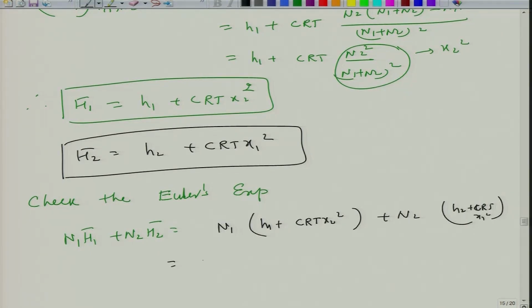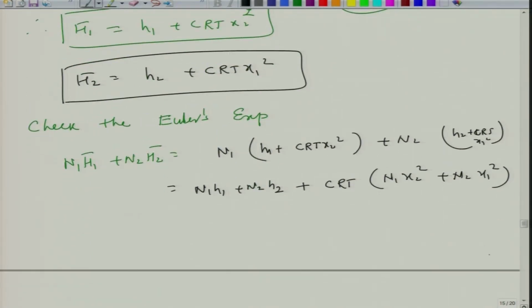So, this can be written as N1 H1 plus N2 H2 plus CRT, which is common, times N1 x2 square plus N2 x1 square. So, this is the relation we got.